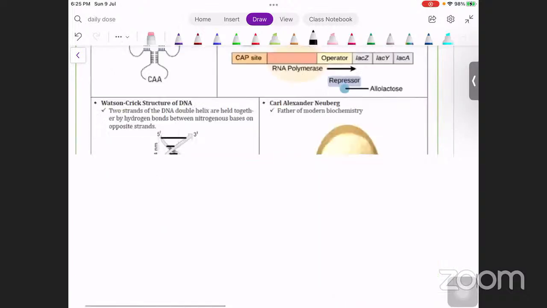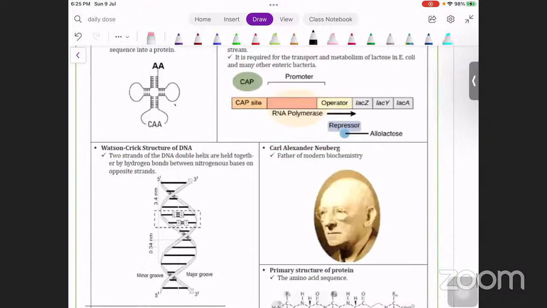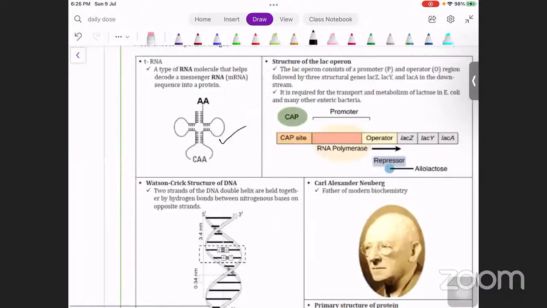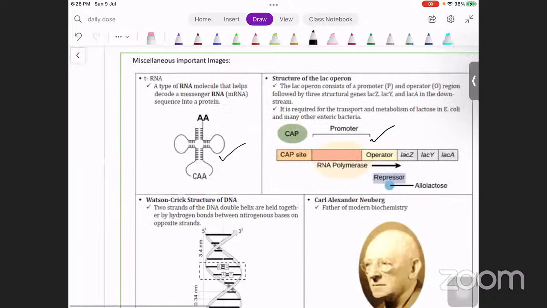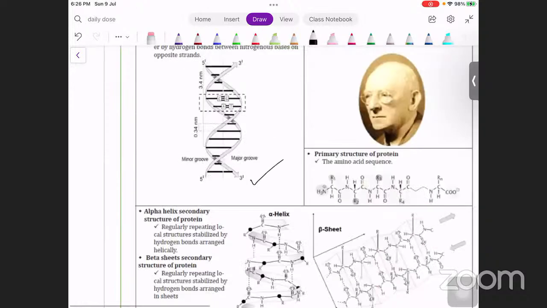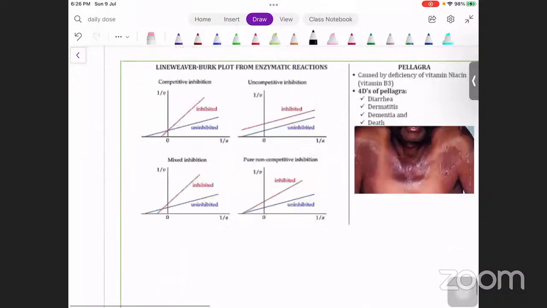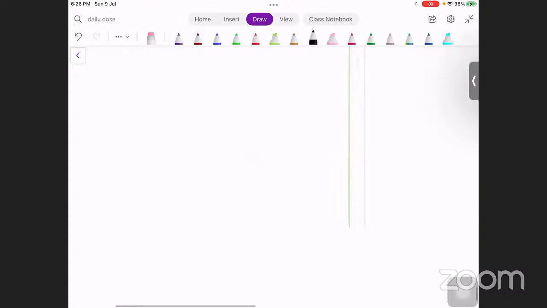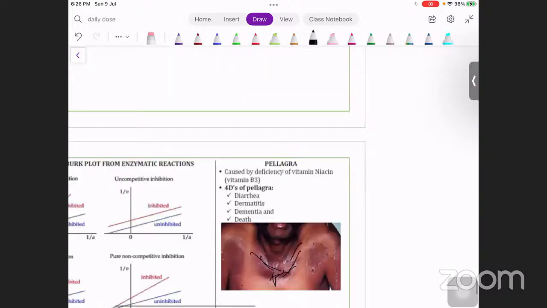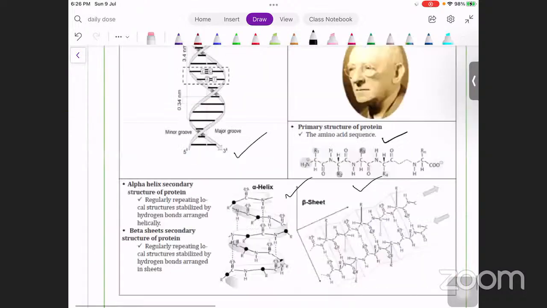There are certain important images. This is the image of tRNA, this is the image of the lac operon gene, and this is the Watson and Crick model of DNA, primary structure, alpha helix and beta pleated sheet images, and you have the 4 Ds of pellagra, that is Casal's necklace. These are the important image-based questions that you may see in biochemistry.